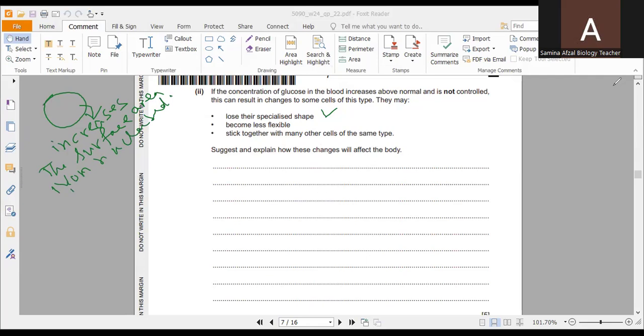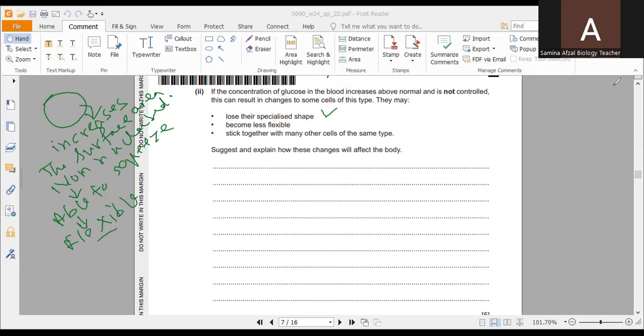So they are able to squeeze through the blood vessels and easily pass through them. And secondly, they are very flexible, so they can easily pass through the blood vessels.